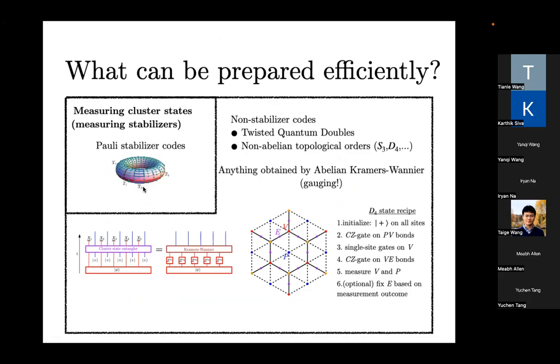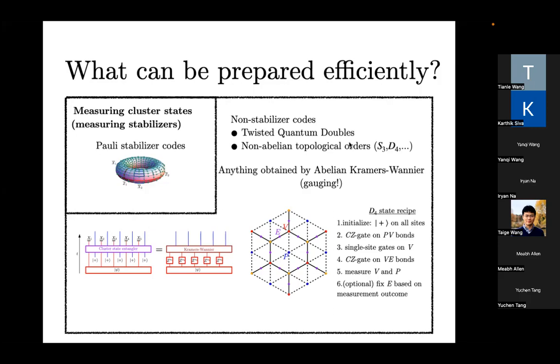However, I'm going to talk about how to go beyond this, because there are states that cannot be prepared by stabilizer codes. For example, non-abelian topological orders cannot be realized as stabilizer codes, because if you only had Pauli matrices, they only anti-commute up to a sign. You cannot get non-abelian features, which require things to braid up to some matrix. So you would only get a sign if you use Paulis.